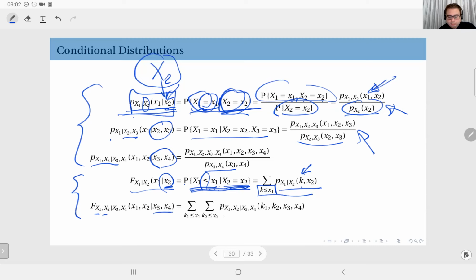This is equal to this double sum where you have the conditional joint PMF of x1 and x2 given the values of x3 and x4, while the first component does not exceed x1 and the second component does not exceed x2. These are just based on definitions. If you learn the definitions well enough, you can derive these by yourself.